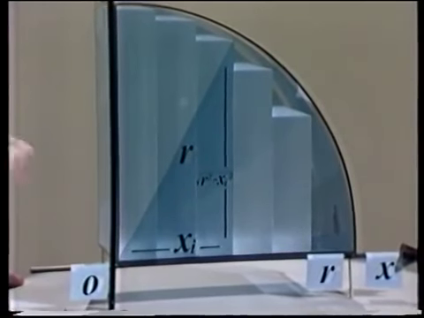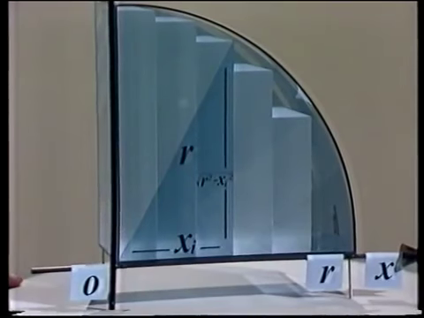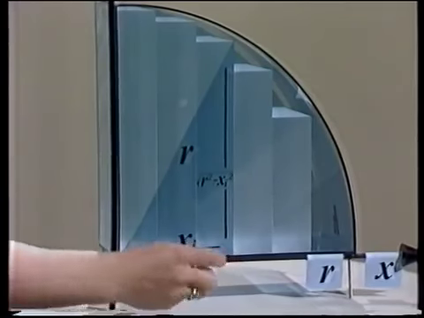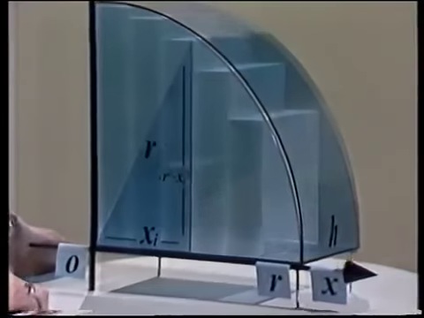So the height of this block is, by Pythagoras' theorem, the square root of r squared minus xi squared. Now, the width of a block is delta xi, and its thickness is h.